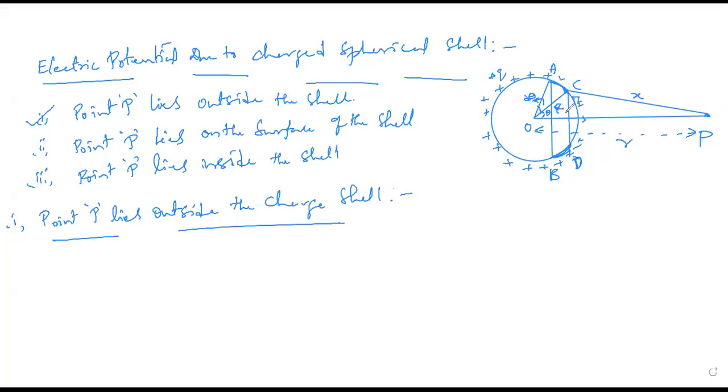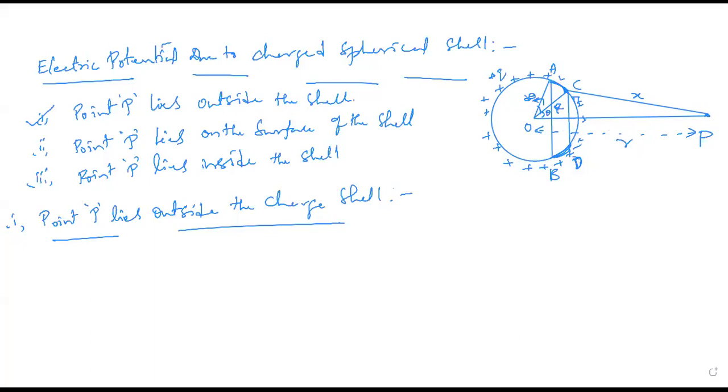Now the whole charge is distributed uniformly on the surface. We have taken positive charge distributed on the whole charged spherical shell. Our intention is to find the electric potential at this particular point P.